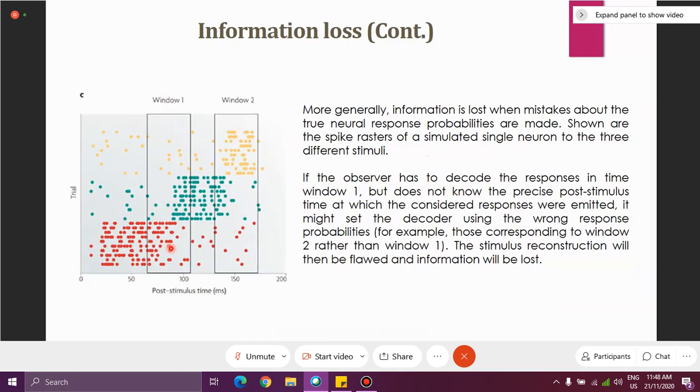You cannot reconstruct what the stimulus is. So this is the next step of information loss. If you convert it into a raster plot, it has huge information loss and further causes confusion, so you will get wrong response probabilities.